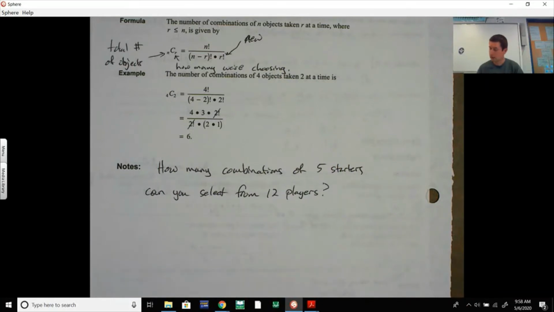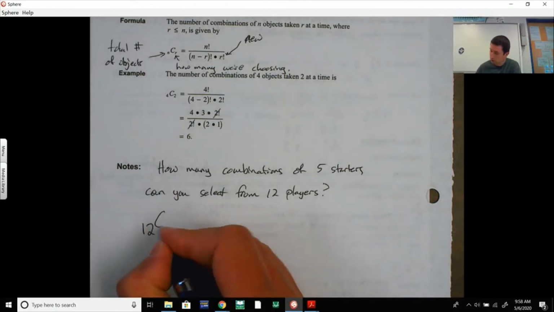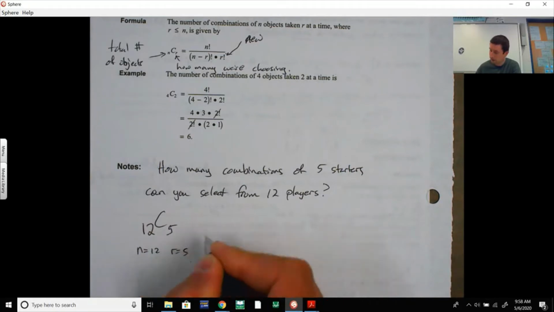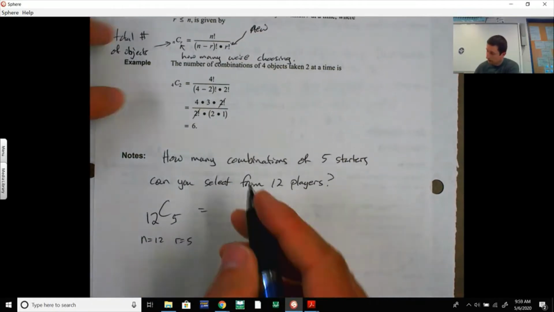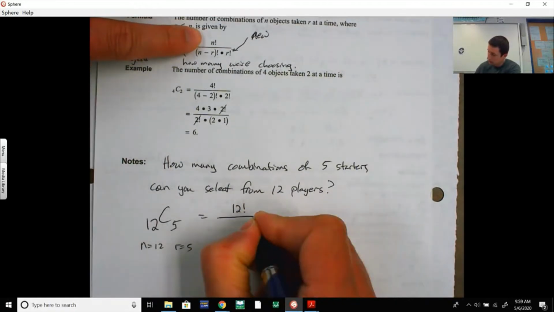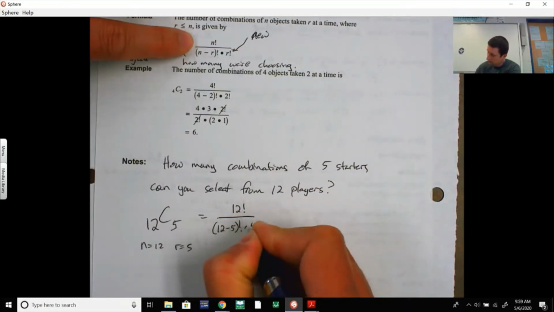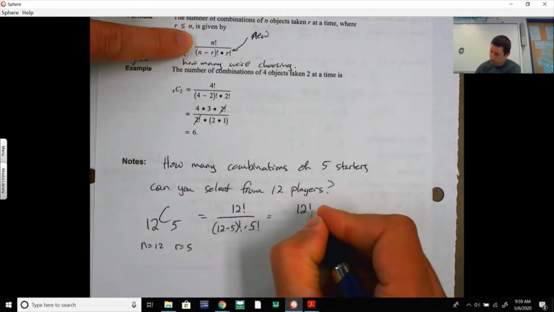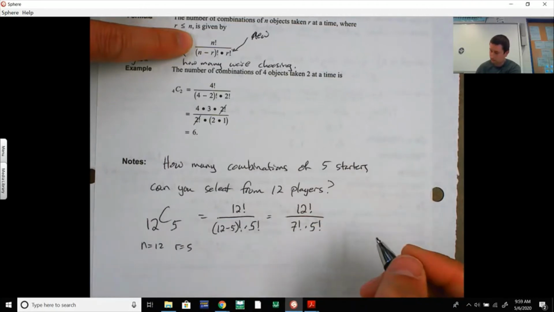So the order does not matter here. We have 12 players and we're choosing 5, so n is 12 and r is 5. Using the formula, 12 choose 5 is 12 factorial over 12 minus 5 factorial times 5 factorial, so 12 factorial over 7 factorial times 5 factorial.